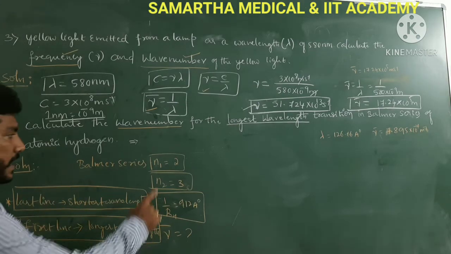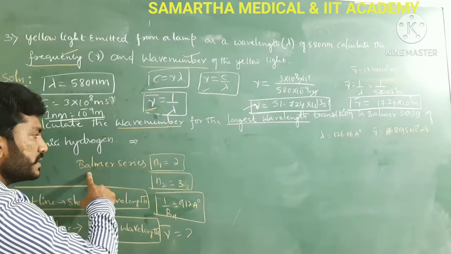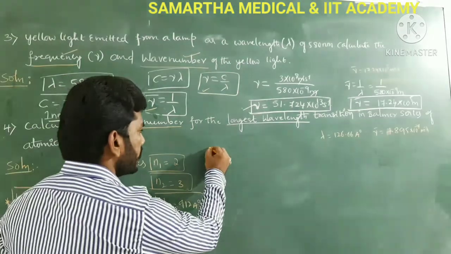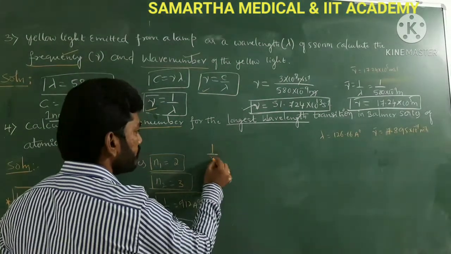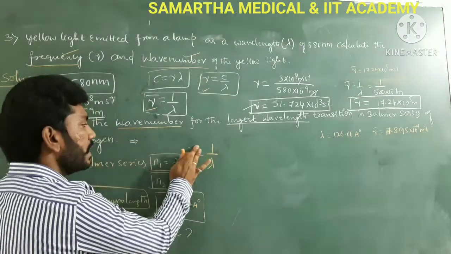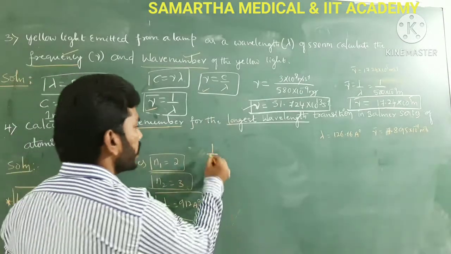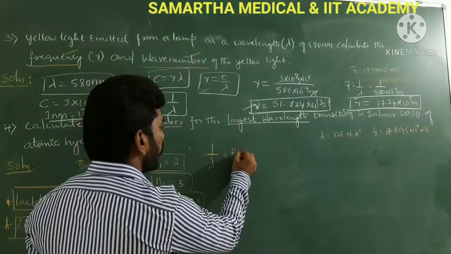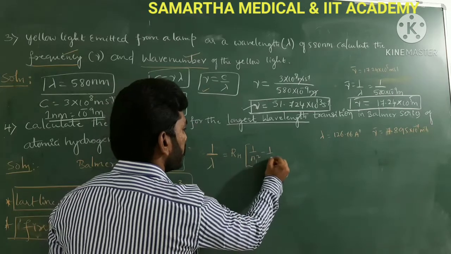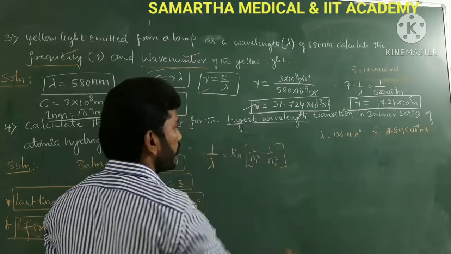For that first line, the N1 value will be 2 in the case of the Balmer series, and the N2 value will be 3. Let's have the formula: 1 by lambda, equal to RH times (1 by N1 square minus 1 by N2 square).